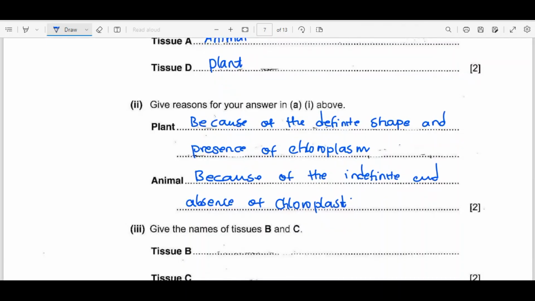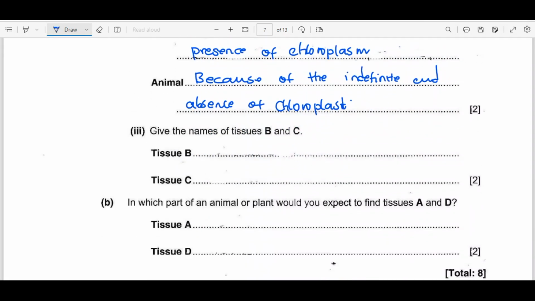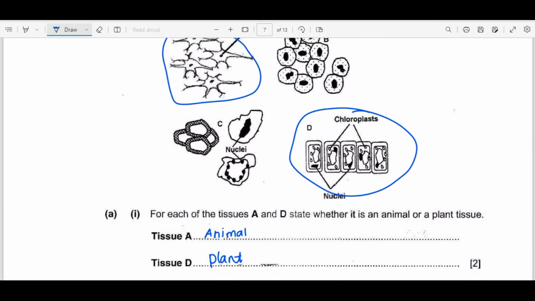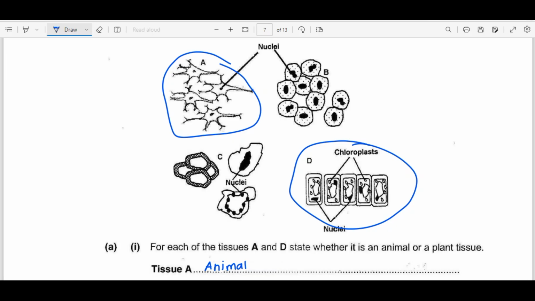Okay, then what of question Roman number 3? Under Roman number 3, give the names of tissues B and C. So from the 4 tissues, 2 are for plants and the other 2 are for animals.